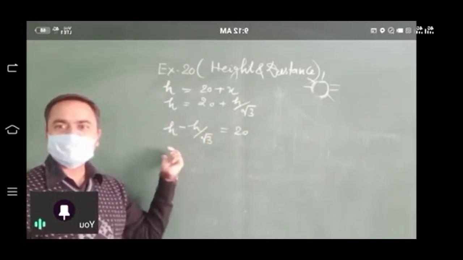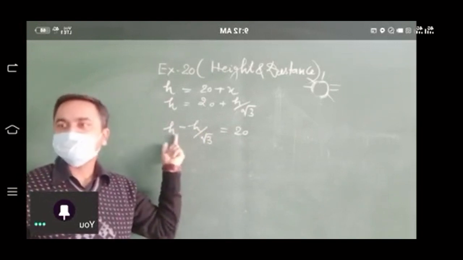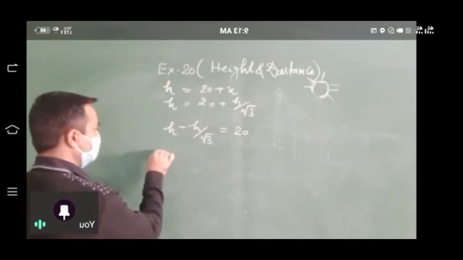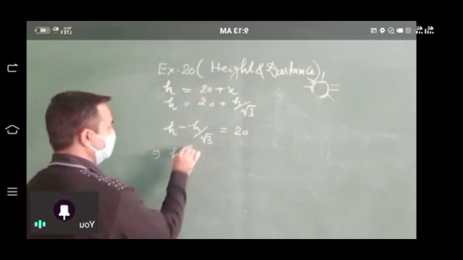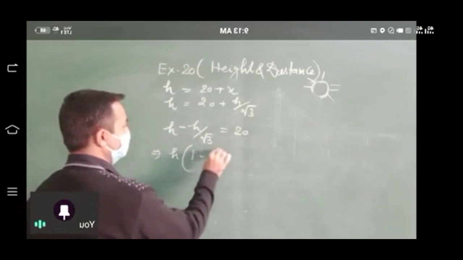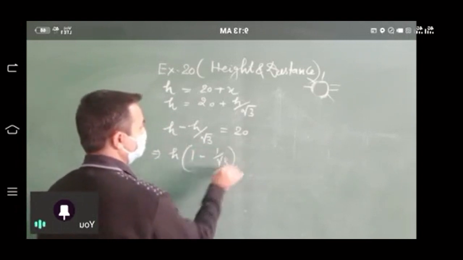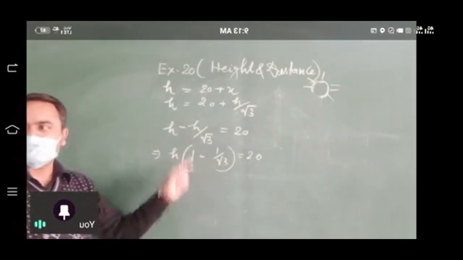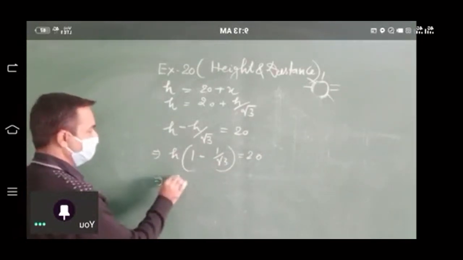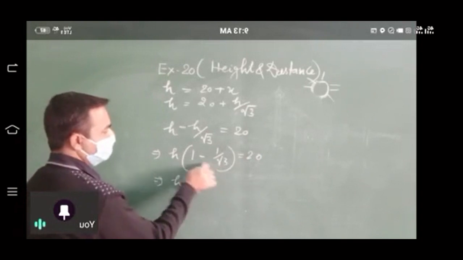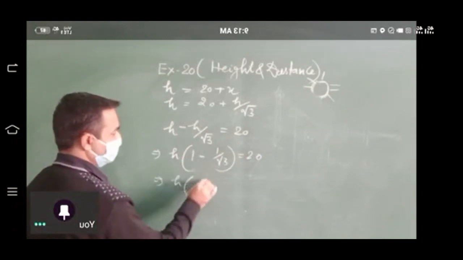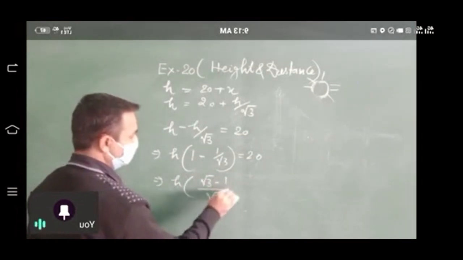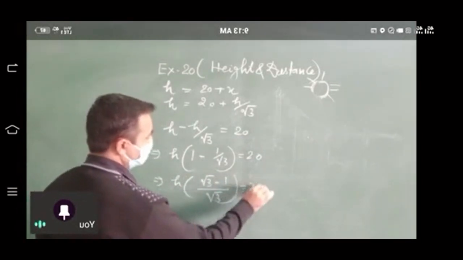Now what is common in these two terms? h. So take h as common. Here will be 1 and here is 1 upon under root 3 equals 20. Now simplify this term. h into under root 3 minus 1 divided by under root 3 equals 20.